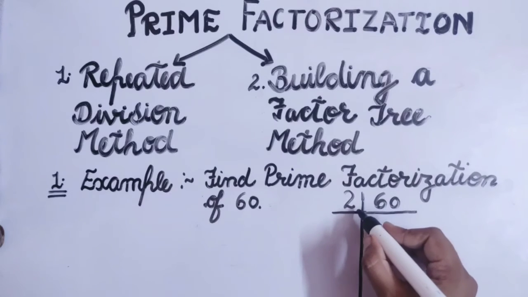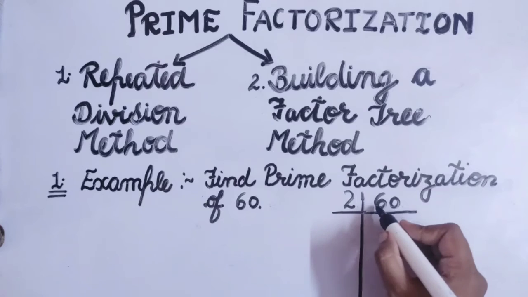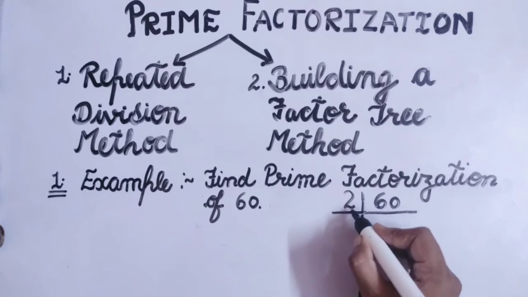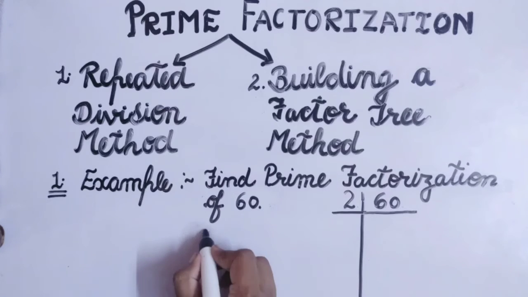As we know the divisibility rule of 2, if 0, 2, 4, 6 or 8 is at the ones place, then the given number can be divided by 2. So, what will be the answer after dividing?